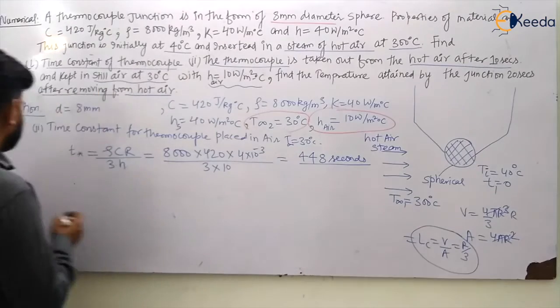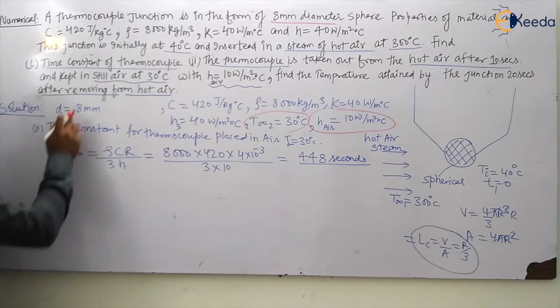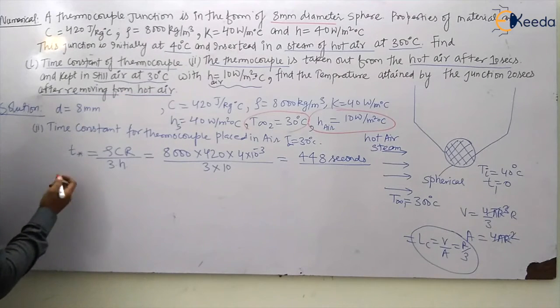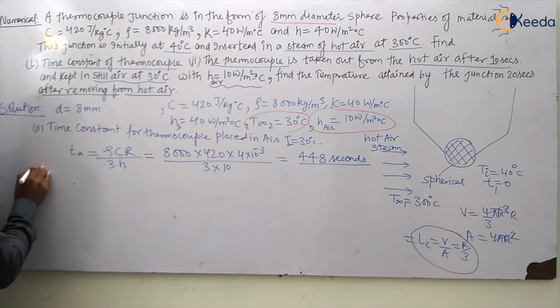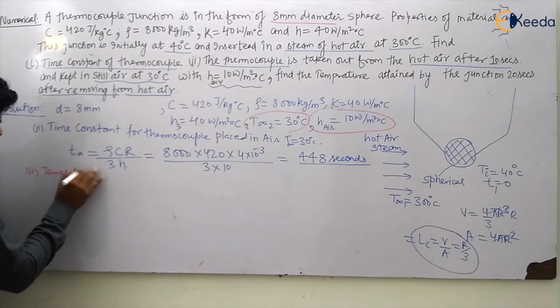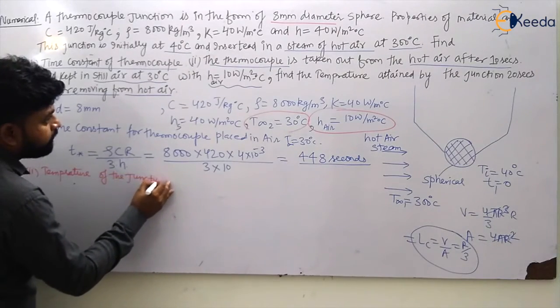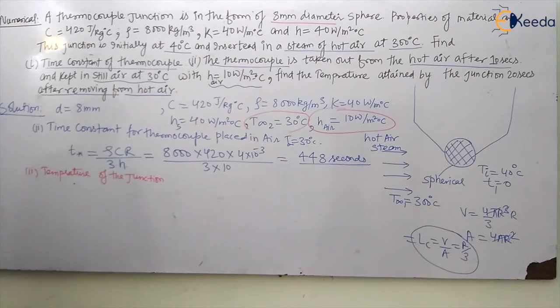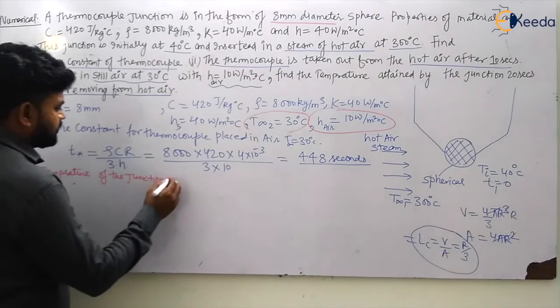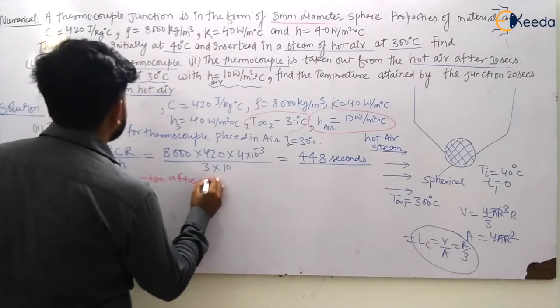Can I calculate the temperature? Yes. Let us calculate the temperature attained by the junction after removing from hot air. So the second part is the temperature of the junction after 20 seconds.